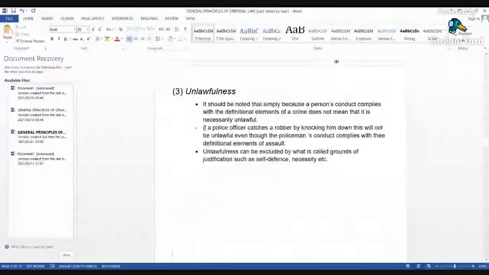Let's move on to the next, which is unlawfulness. So now we have the act, and the act's conduct complies with the definitional elements of the crime. We now look next at unlawfulness. It must be noted that simply because someone's conduct corresponds with the definitional elements of the crime does not mean that it necessarily amounts to a crime or is unlawful.